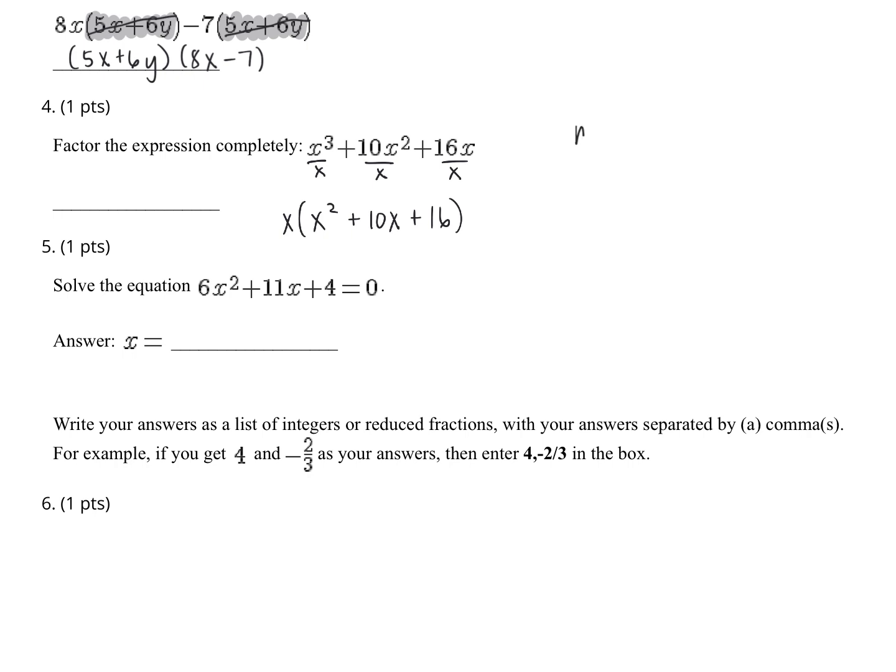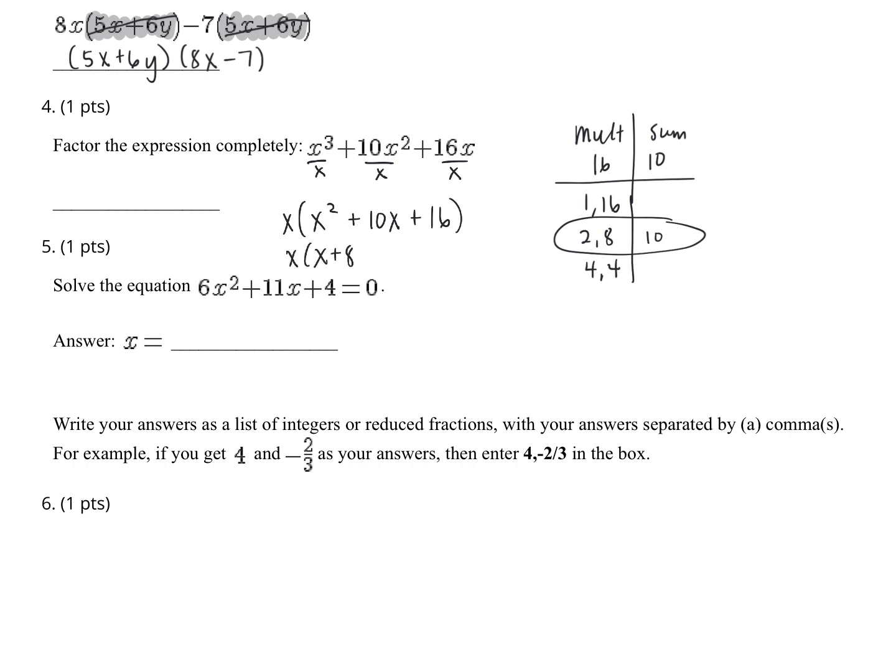So we would have to figure out what multiplies to get 16 and adds to get 10. So 1 and 16, 2 and 8, 4 and 4. 2 plus 8 is 10, so it is factorable. So this will be x plus 8, and x plus 2. So that's the answer to number 4.